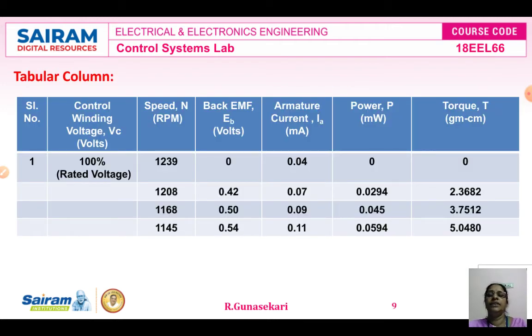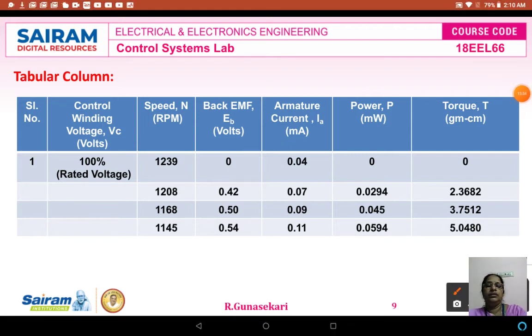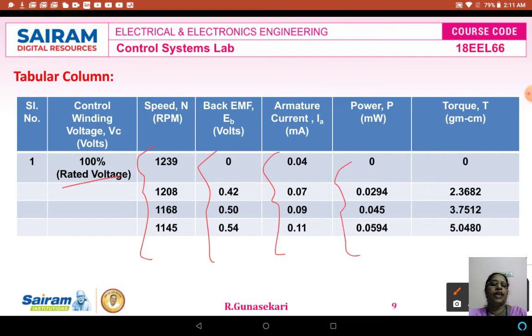Now you see the tabular column. First, we set 100% of the rated voltage, that is the control winding voltage. For this voltage we note down 4 sets of speed, back EMF and armature current, and by using the torque and power formulas we calculate the power and the torque.